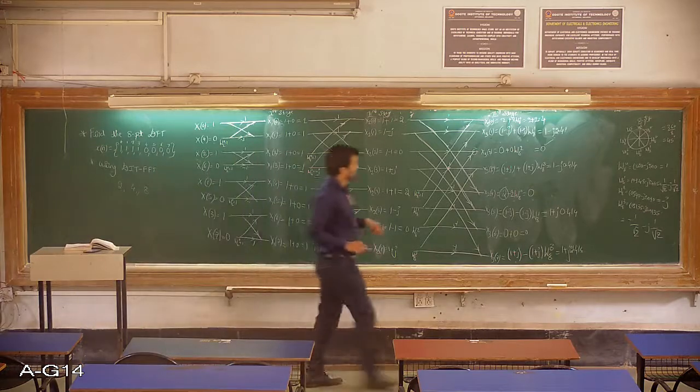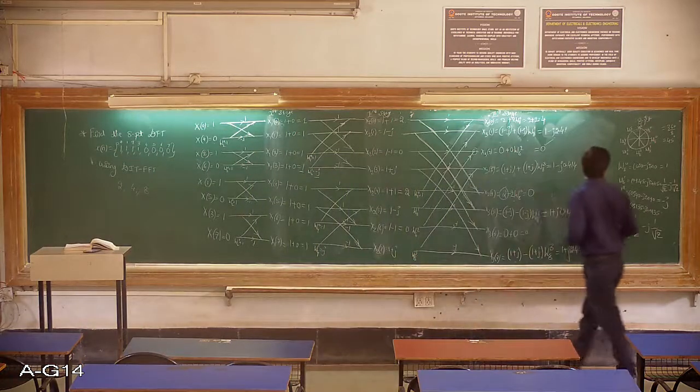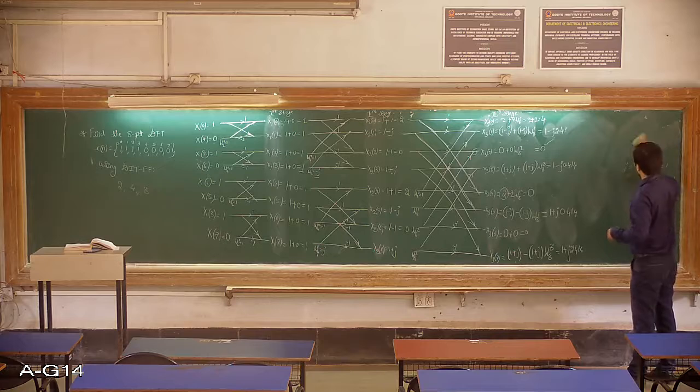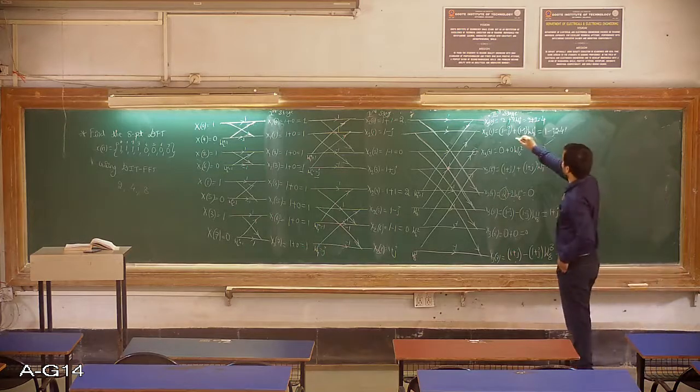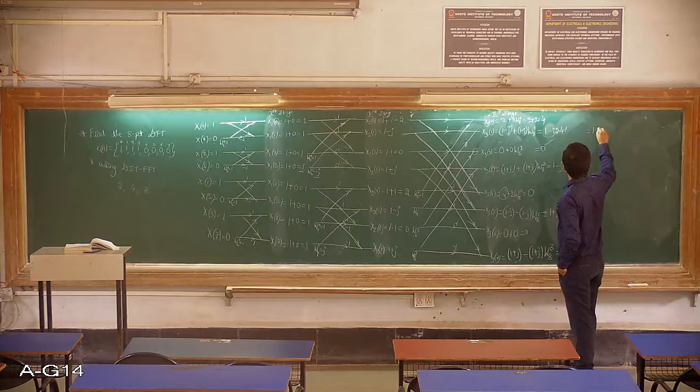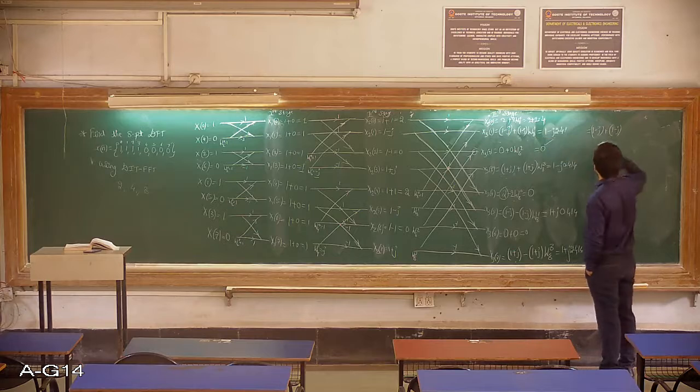Like this one. I will show you one for the calculation purpose. What is the value here? So 1 minus j is there, so plus 1 minus j. Substitute the W8 of 1.